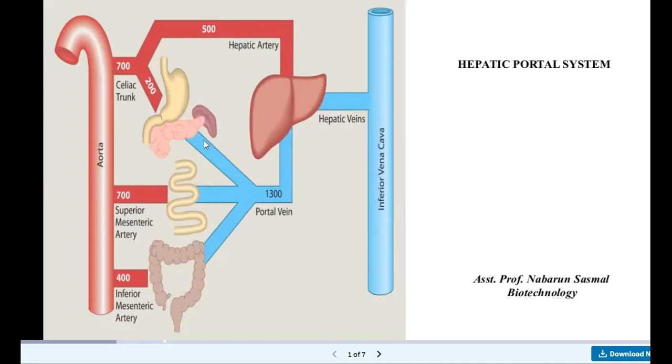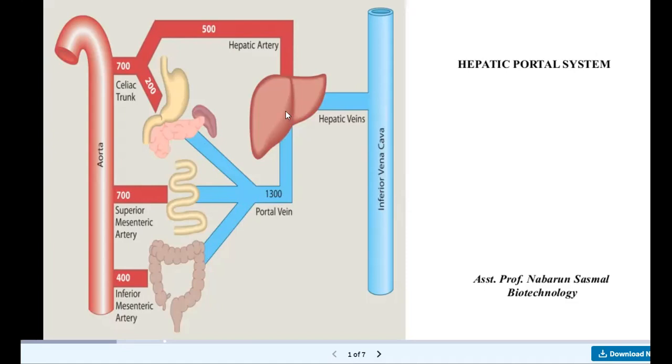They all come together to form this portal vein. The portal vein takes blood to the liver.